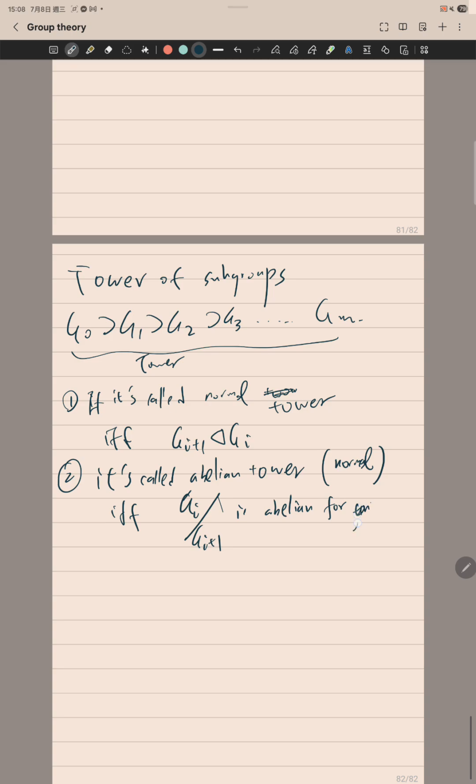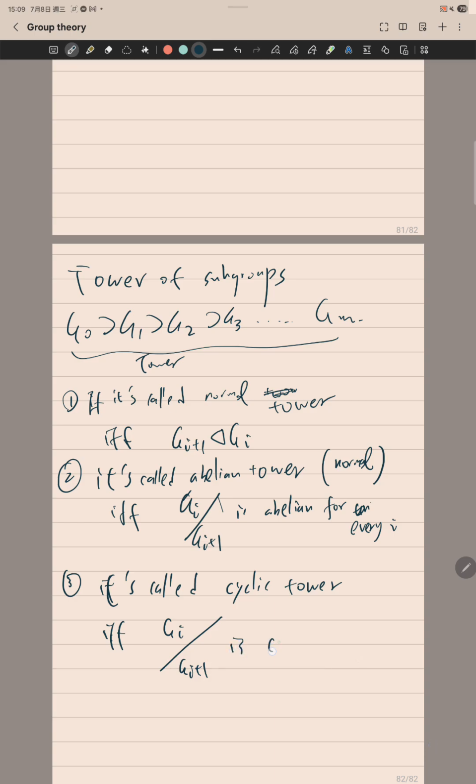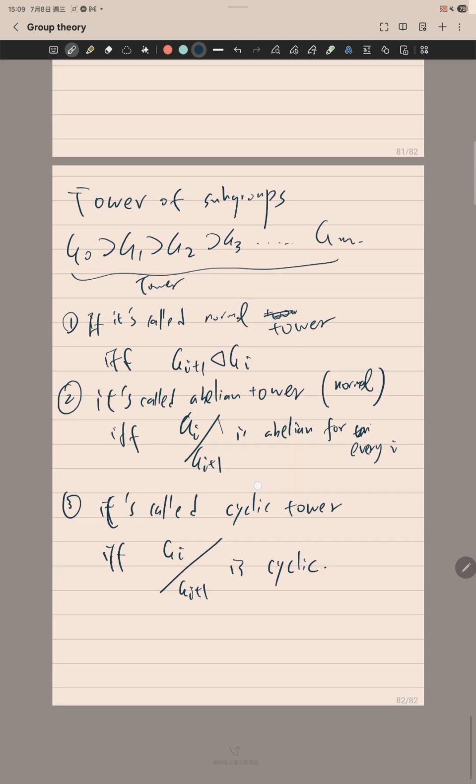And it is called a cyclic tower if G_i quotient G_{i+1} is normal but the quotient is more restricted, it must be cyclic. So this is the definition of tower.